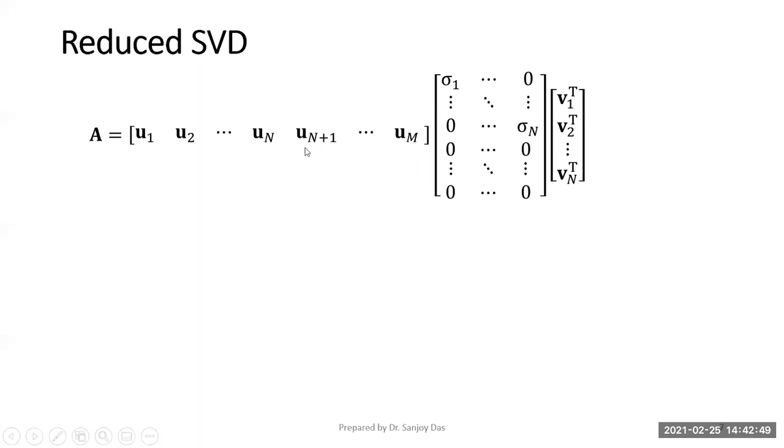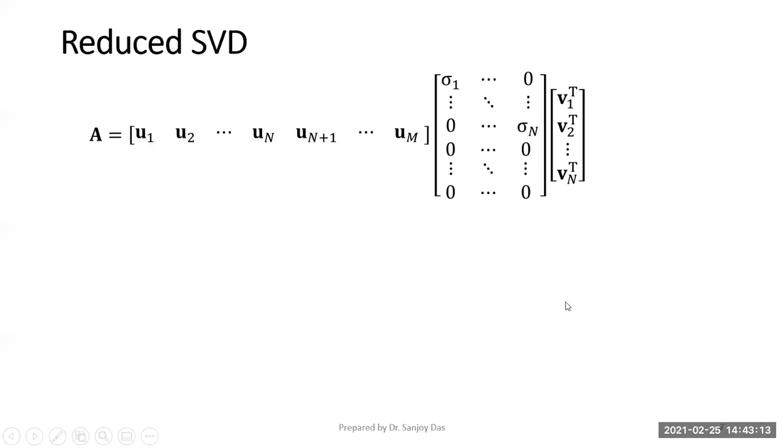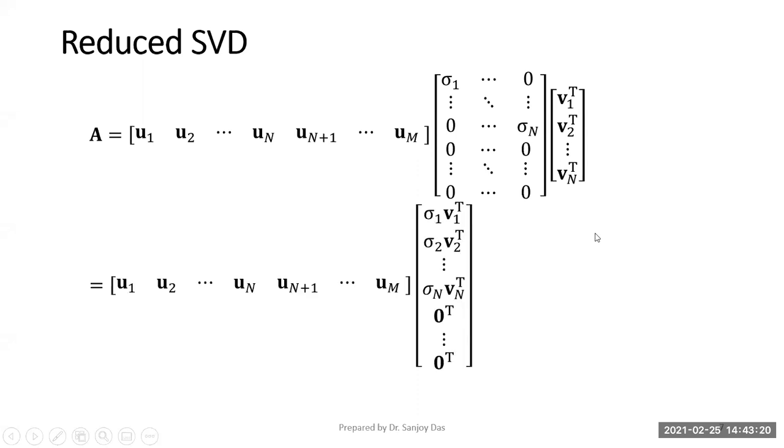Now these UN plus 1 through UM, these columns of this U here were getting multiplied with a bunch of zeros, correct? So that's why, in fact, the summation ends at n. We just discard the remaining terms, which are zeros, okay? And so what happens? We can just drop these. Okay, and so this is what we got.